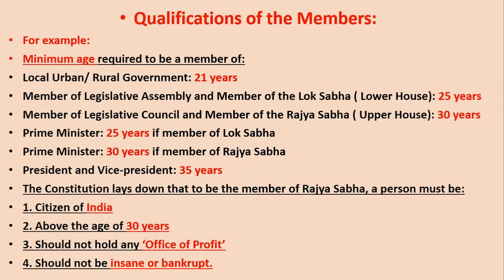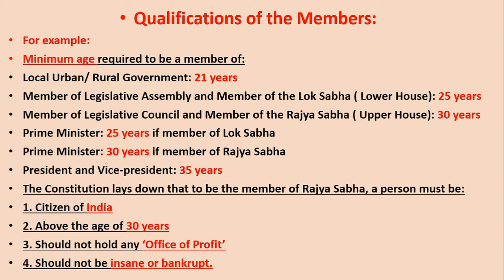Now, I will talk about the qualifications of the members, means what a person should have with him, ability, qualification to be the member of Rajya Sabha. Let us first talk about the age. The minimum age required to be the member of, now I will discuss through an example. You see here many types of ages I have written here, because India is a democratic nation and we have a democratic form of government right from bottom to top.